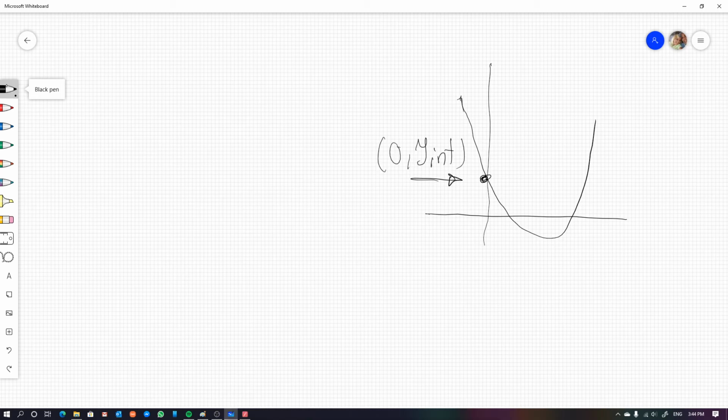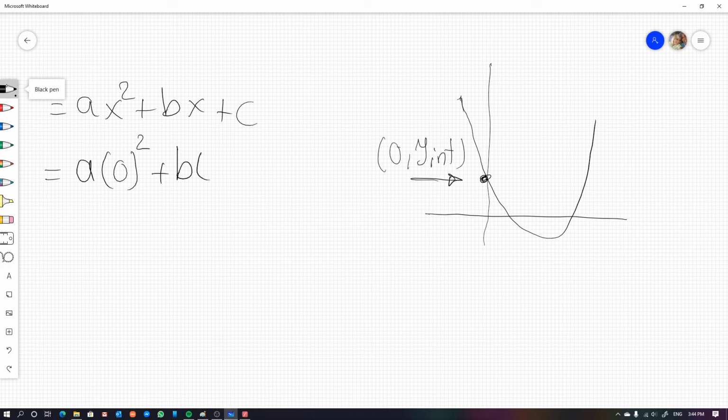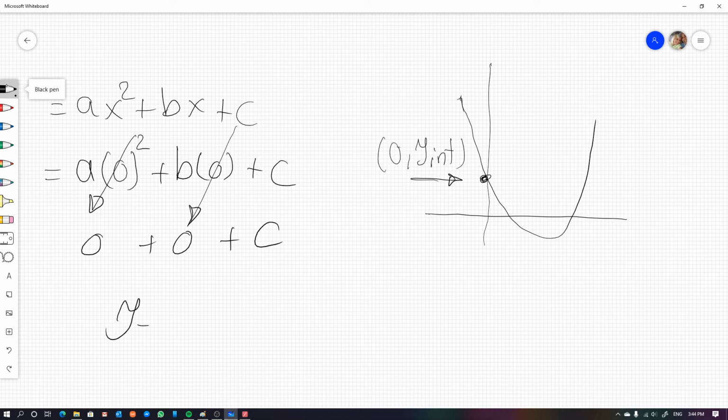So let's put x equal to 0 in the quadratic equation. It's equal to a times 0 squared plus b times 0 plus c. So this goes to 0 plus 0 plus c. So the y-intercept is equal to the constant c.